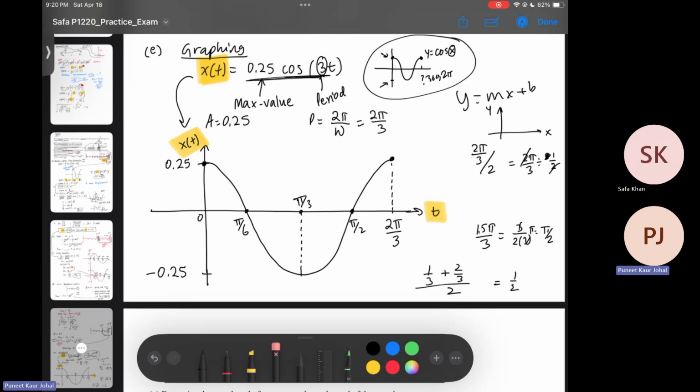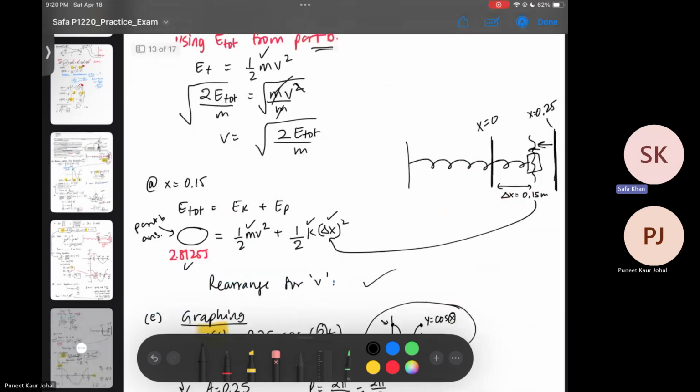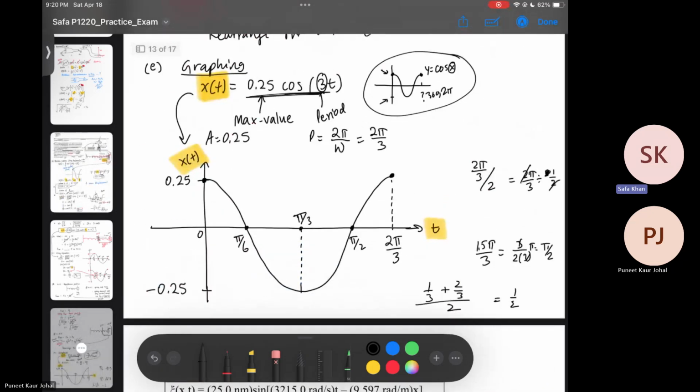Okay. All right. So according to the problem, they've given T is equal to 2 by 3 pi seconds, which is the period, this one. That's like the end of the cycle. So are you asking how we got this?